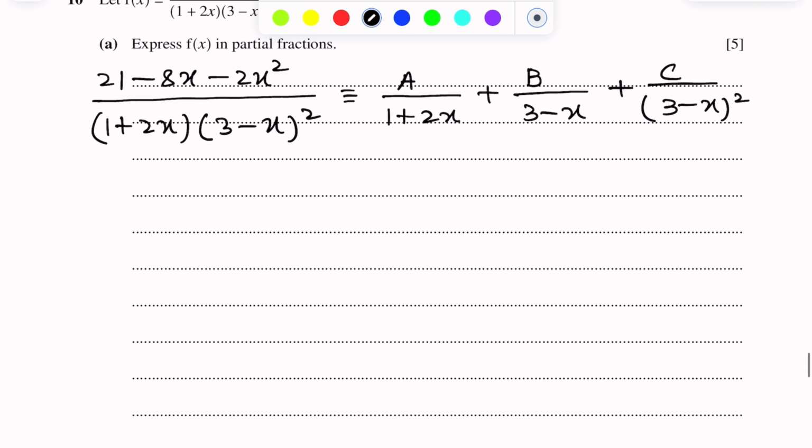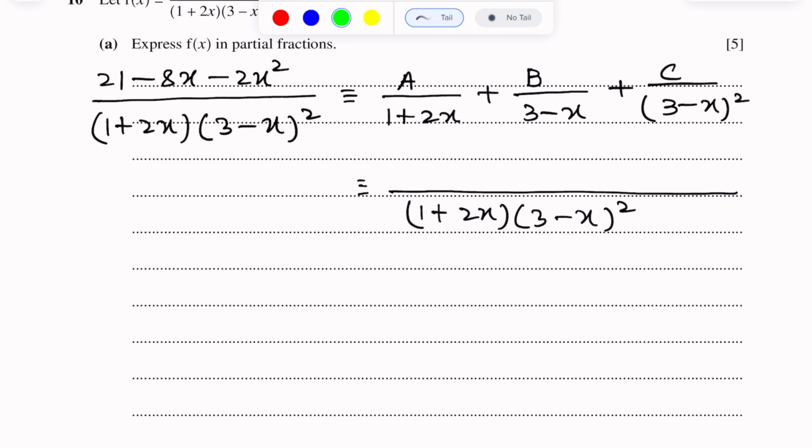Now we take the LCM of the right hand side. (1 plus 2x) into (3 minus x) whole square is the LCM. Now if we divide this LCM by this factor, 1 plus 2x will be cancelled.